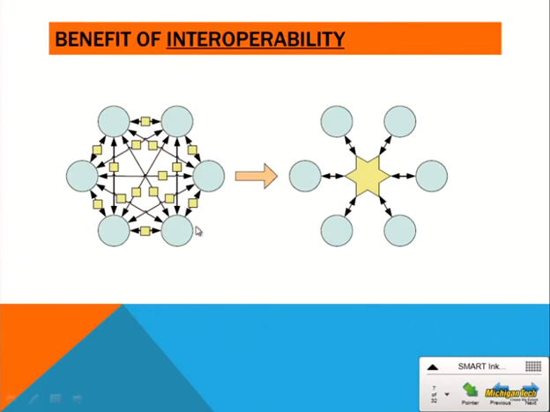But if we have a common protocol that every system can understand, you just need 1. That makes it seem simple. Here there are so many protocols, and here we just have 1 protocol. Every computer can use this protocol to understand each other.